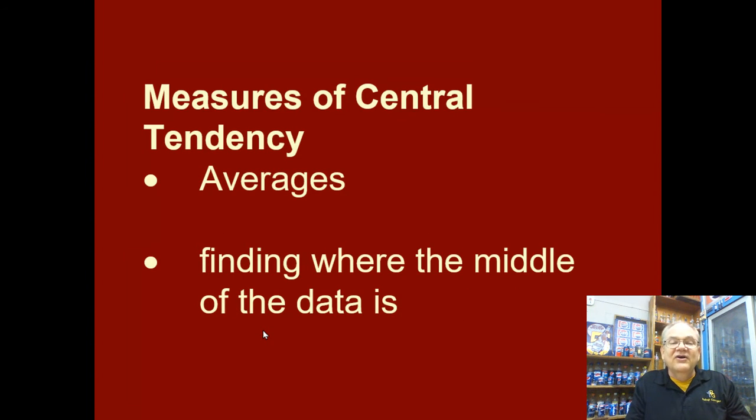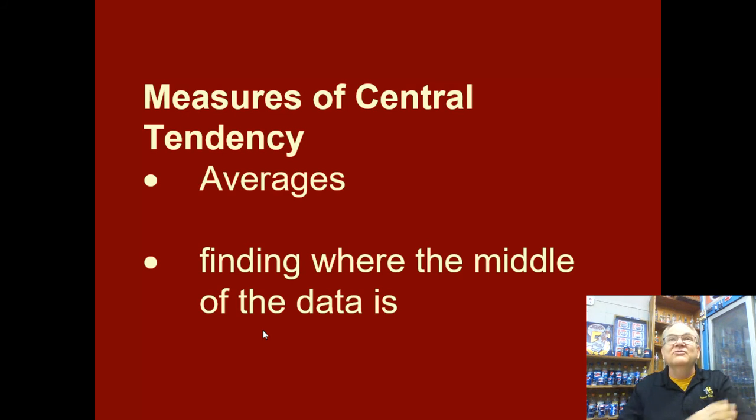So the first thing we're going to talk about is what are officially called measures of central tendency. And all that is the world's fanciest way of saying averages. We're trying to figure out where the middle of something is when we find a measure of central tendency. Now, you guys know from about 4th grade that there's more than one kind of average.